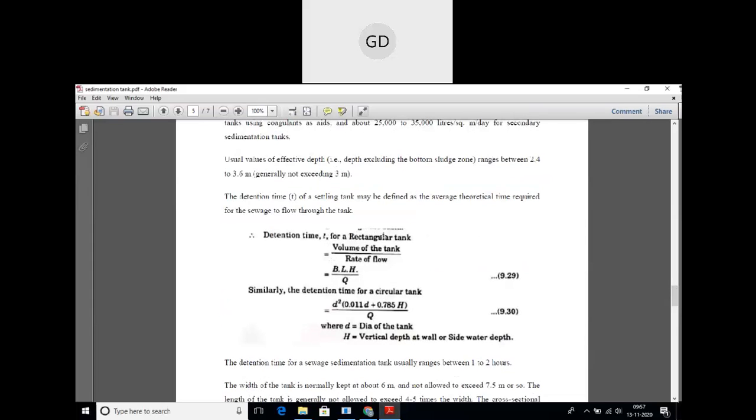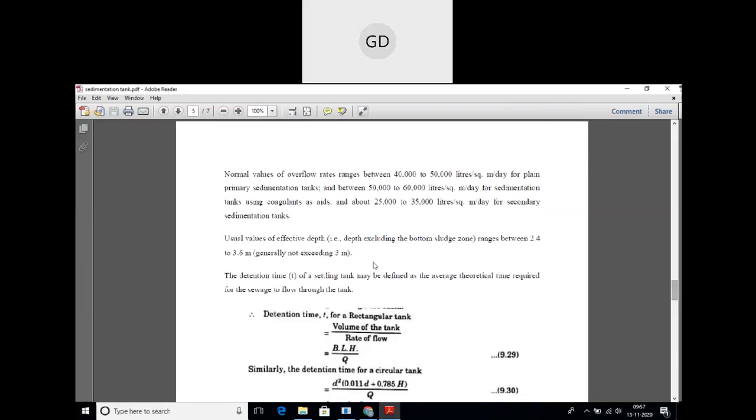Then there is the detention time formula, which is different for a rectangular tank and for a circular tank. The effective depth is given as 2.4 to 3.6, and the overflow rates are between 40 to 50,000.